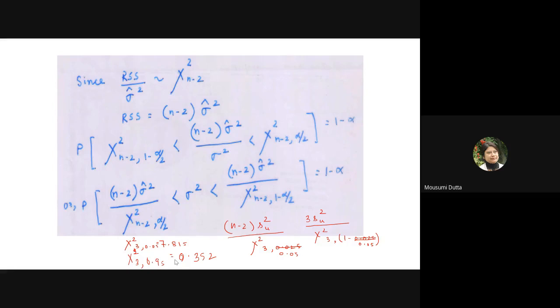So now you calculate the intervals. 3 SU square will be in the numerator and the values are there in the denominator.